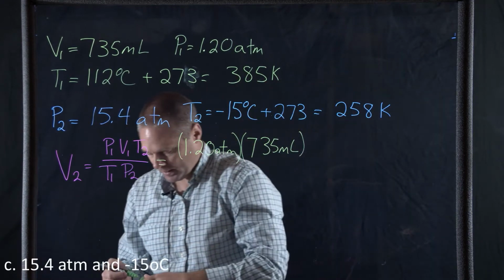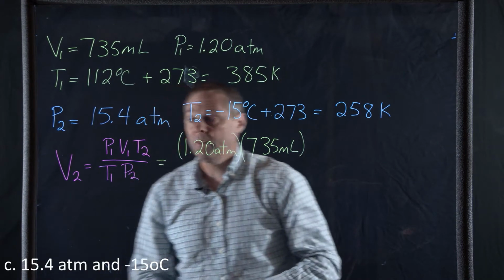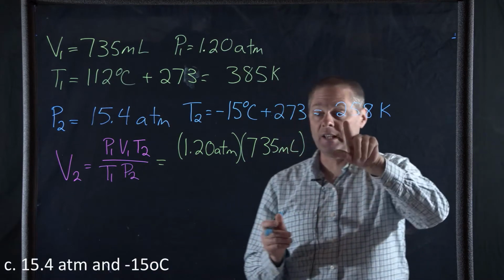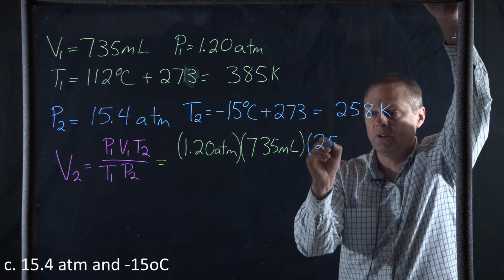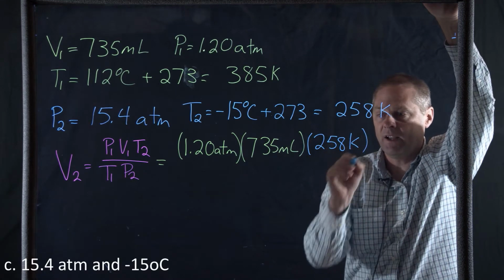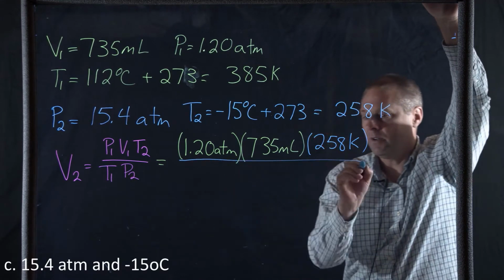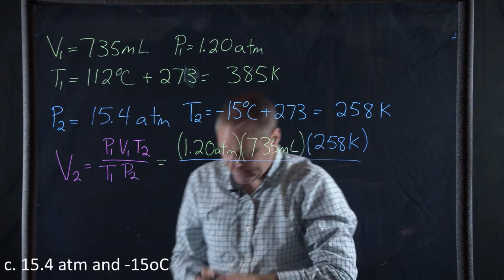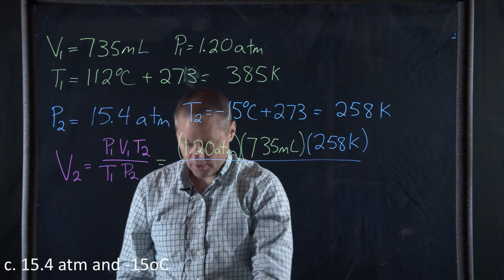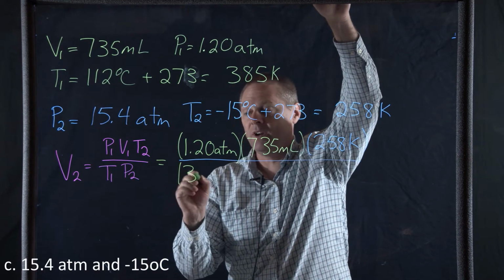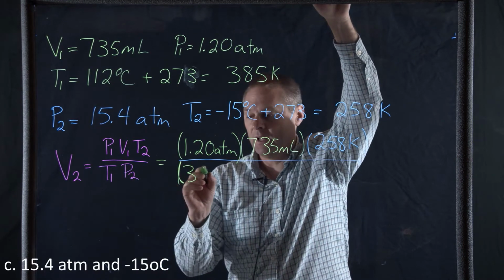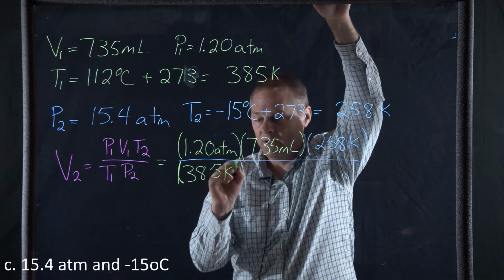Now T2 is going to be 258 Kelvin. We're going to divide that by T1, so T1 is 385 Kelvin.